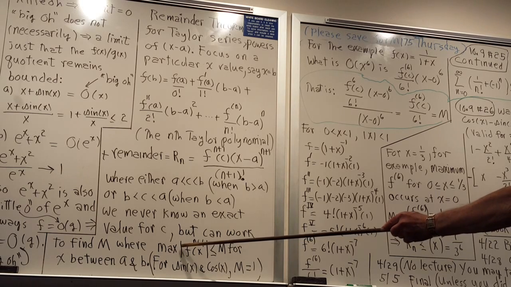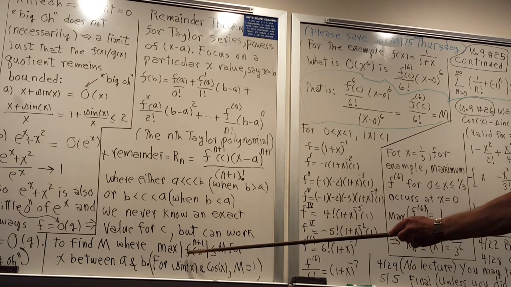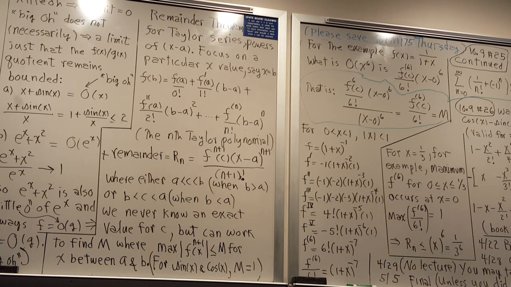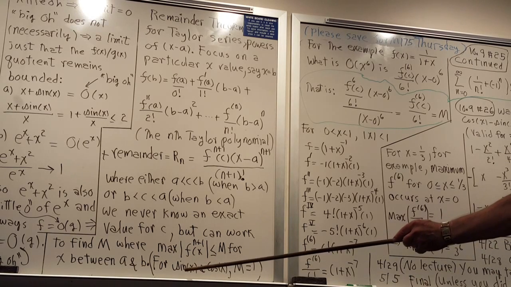So we don't know an exact value for C, but we can work to find an M where the maximum magnitude of the n plus first derivative will be less than or equal to M over the interval between where you're evaluating the sine, let's say 30 degrees, and where you're trying to get a number to put in your table, which might be 31 degrees or 32 or 29 or 28 or, of course, somewhere between.